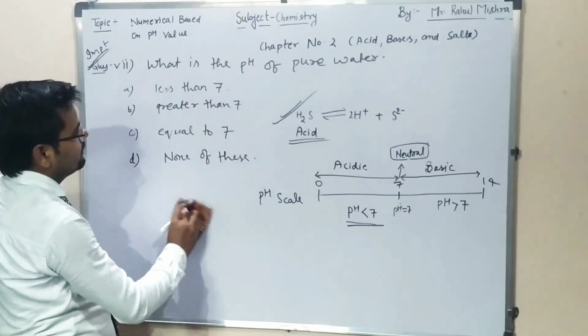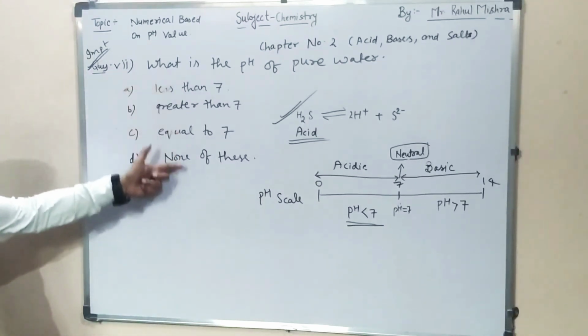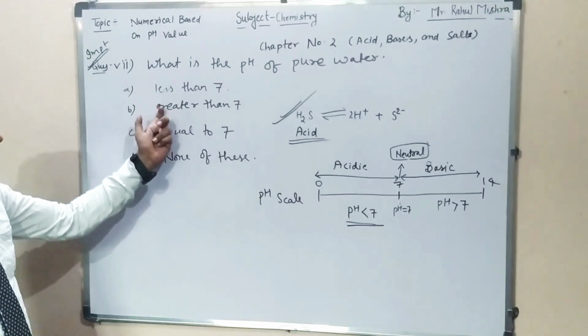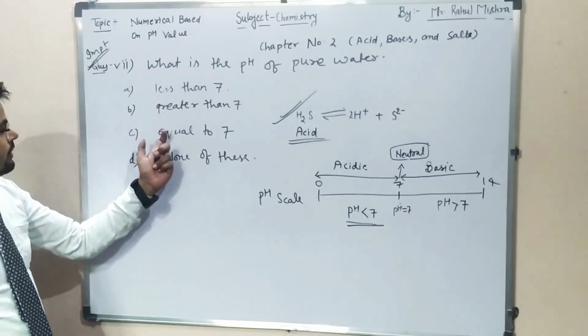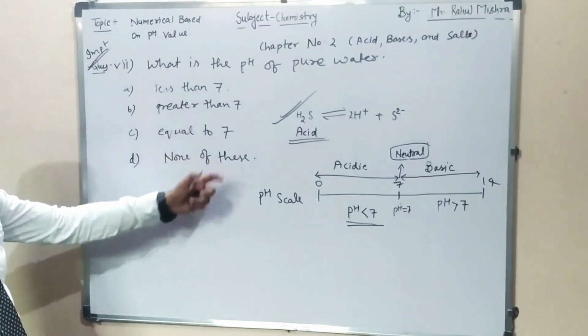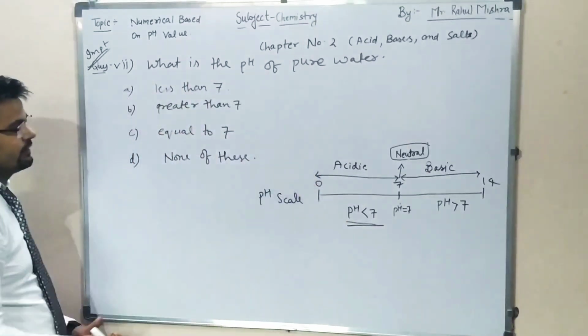So listen, the options are the same as previous. First one is less than 7, second one is greater than 7, third one is equal to 7, and fourth one is none of these. So which option will be correct?